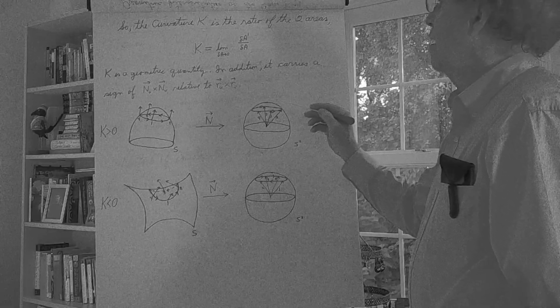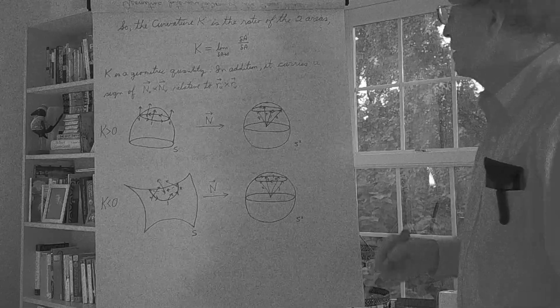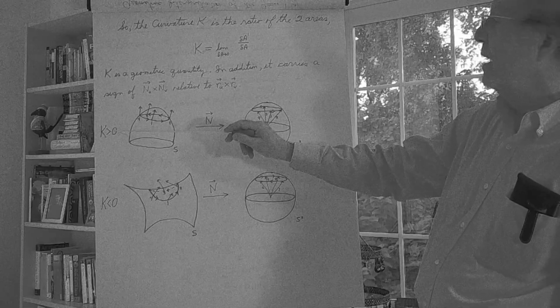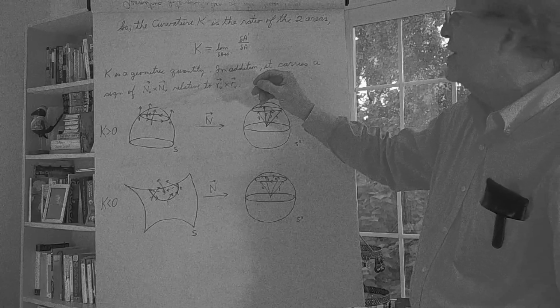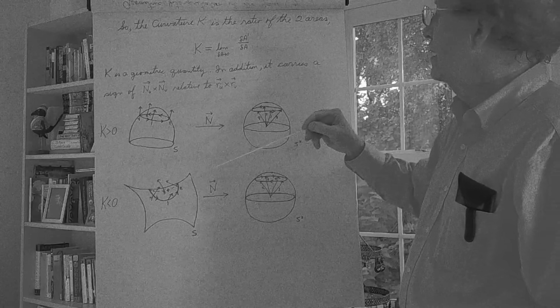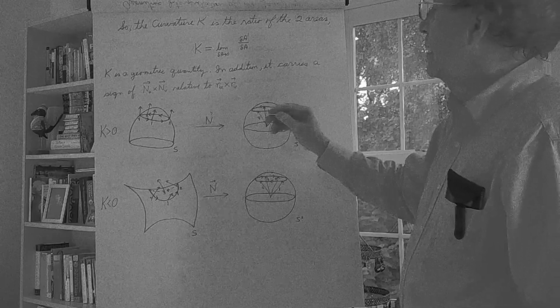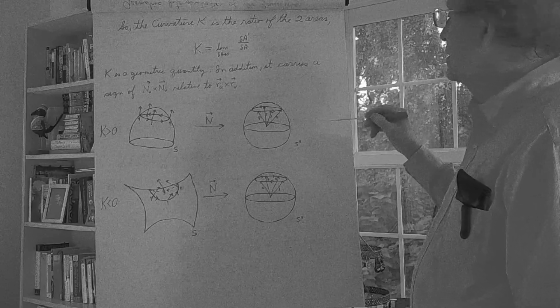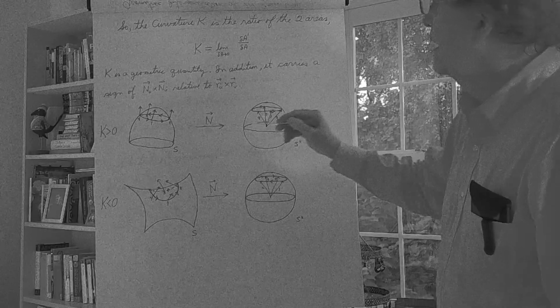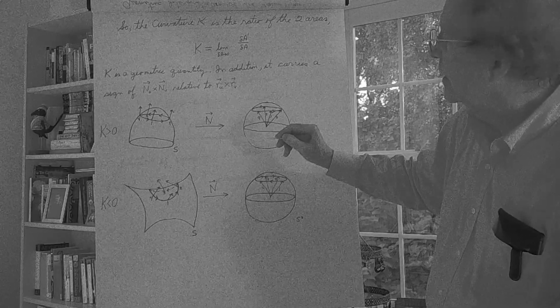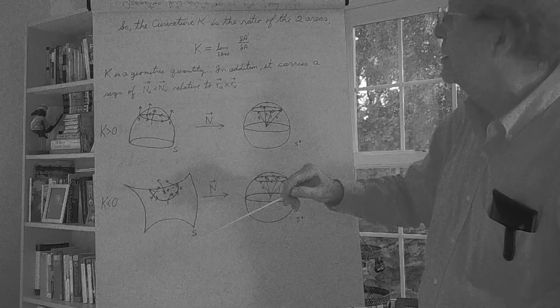In addition, it carries a sign, from the cross product of n sub u cross n sub v relative to the cross product r sub u cross r sub v on the original surface, and we can see that here. Here's a situation where K is greater than 0, and here I have a little patch on the original surface. The Gaussian map maps those normals into the unit sphere, and so here, for this particular case, where it's a concave surface like that, K is greater than 0.